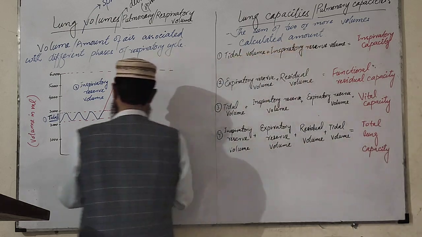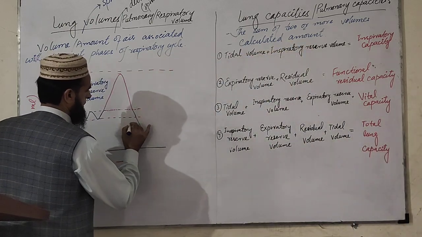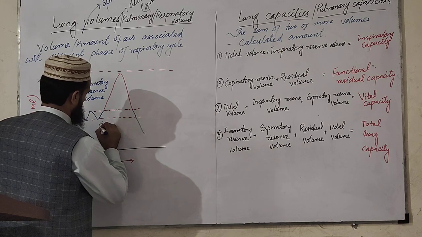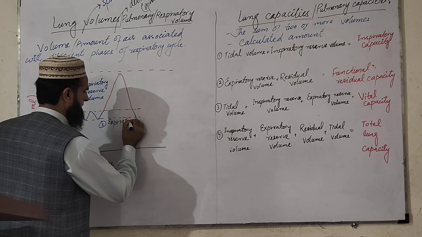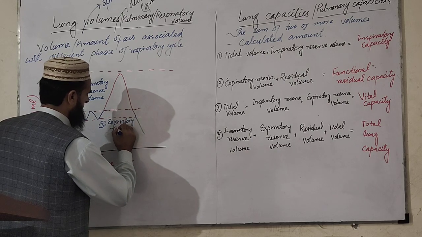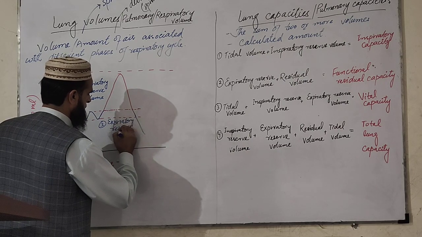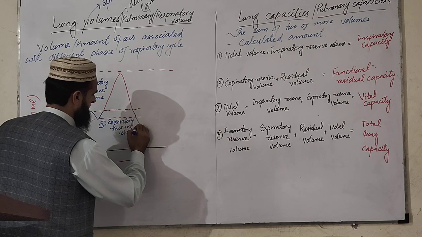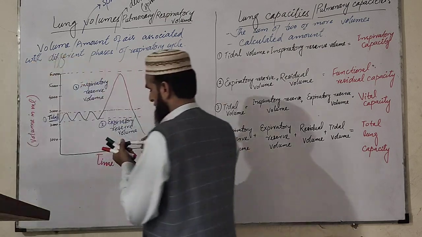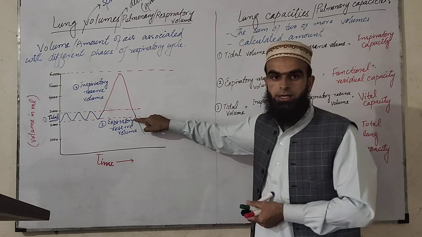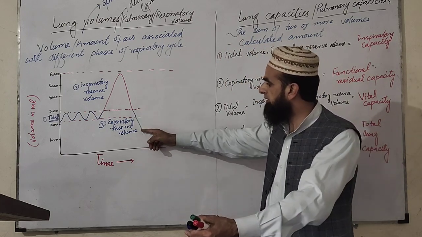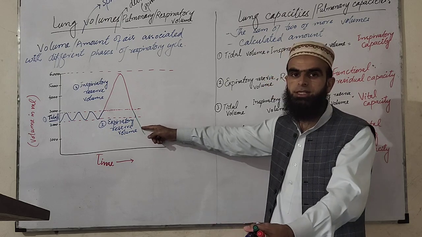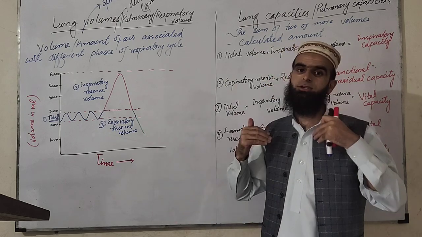So this is the third volume, which is called expiratory reserve volume. That amount of air which has been expired during this part of the breathing must be taken in first.